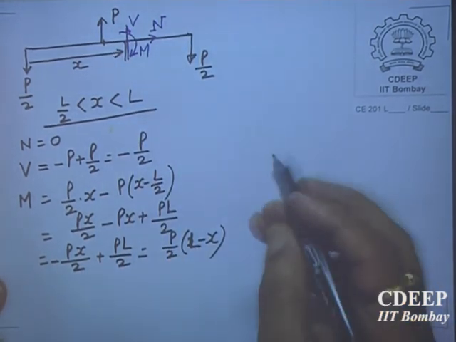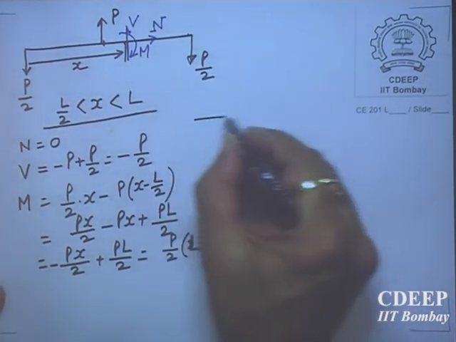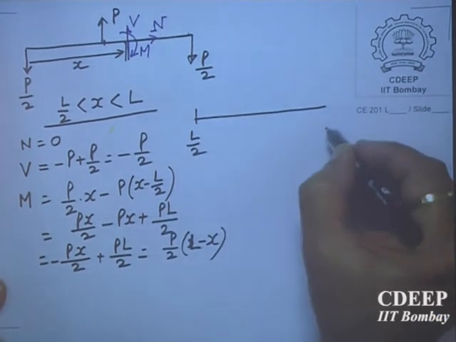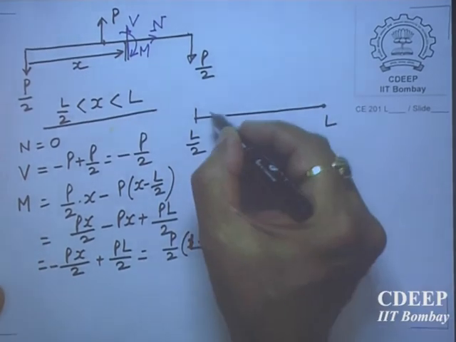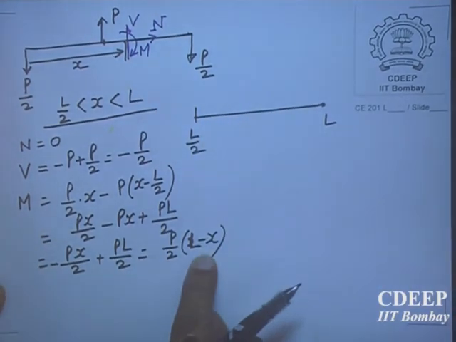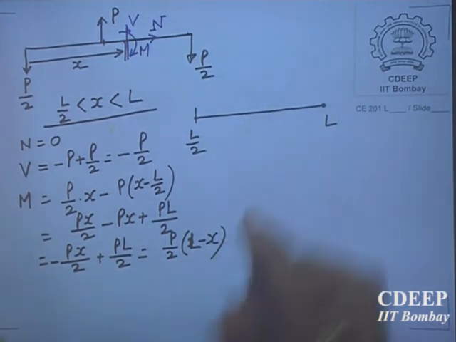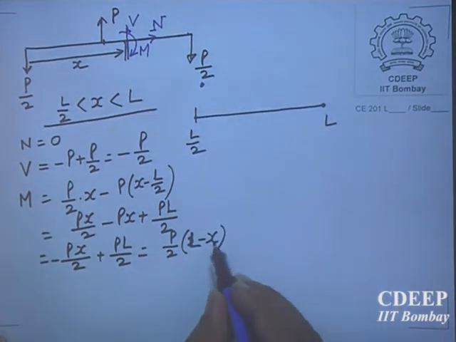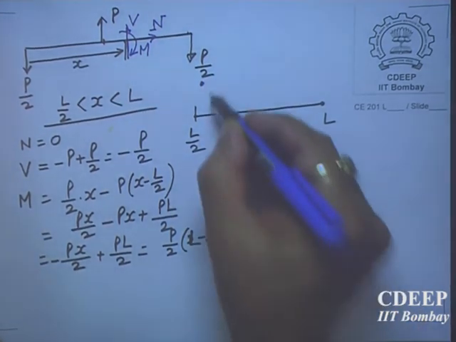PL by 4. So if I take this as L by 2 and this as L, the beam, then at L by 2 the moment is PL by 4, positive, the same value. And then at x equal to L, it is 0. So it comes down.